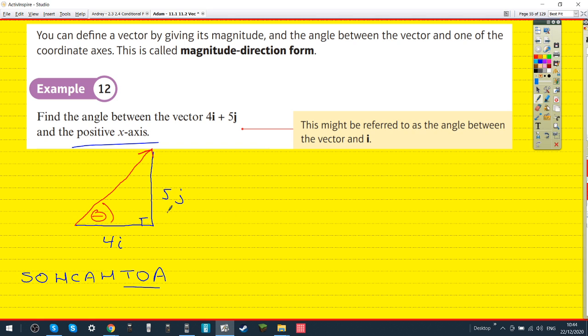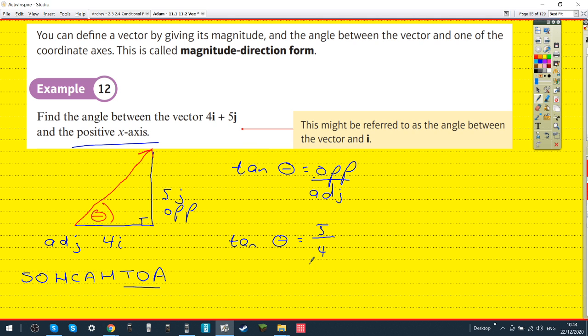Yep. So it'd be O over A, right? Yep. So it'd be opposite over adjacent, which is 5 over 4, which is 1.25. Change to degrees.